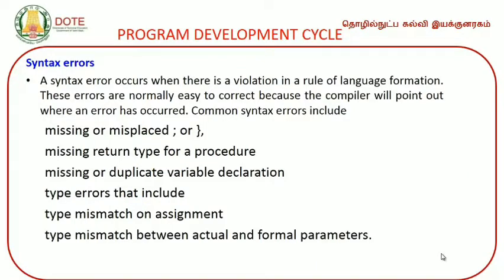Syntax error occurs when there is a violation of a rule of a language. These errors are normally easy to correct because the compiler will point out the line numbers where the error occurs, like missing semicolon or braces, return type for a procedure, missing or duplicate variables, data type errors, type mismatch on assignment, type mismatch between actual and formal parameters.